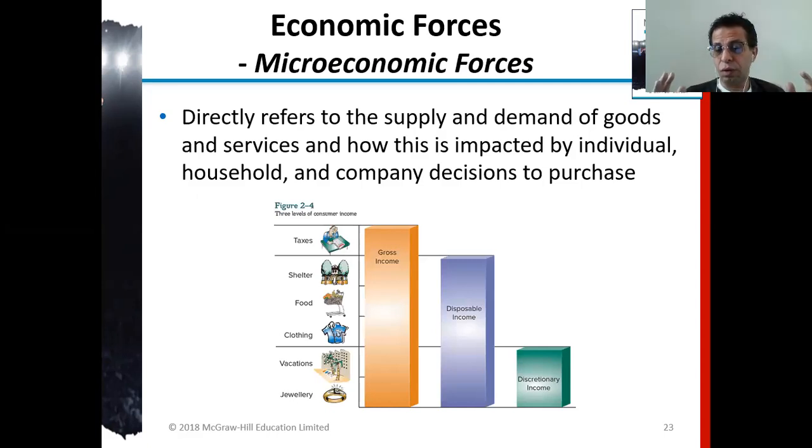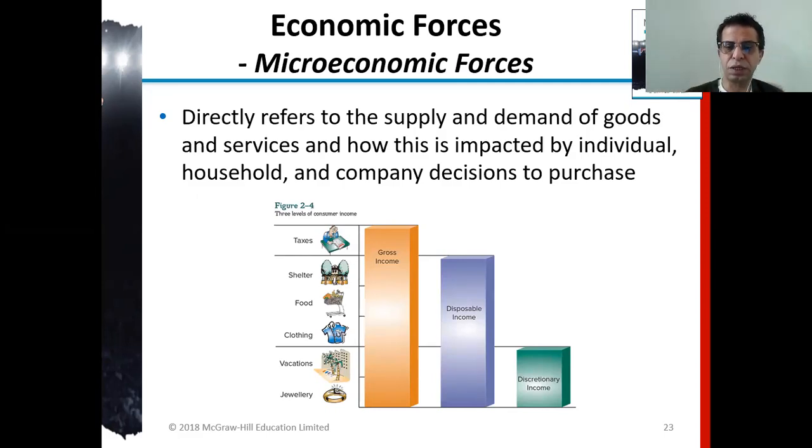But overall, at the micro level, which refers directly to the supply and demand of goods and services, this is how the economy impacts an individual, household, or company's decision to purchase. Overall, from your gross income, the total income, the first part goes to taxes.